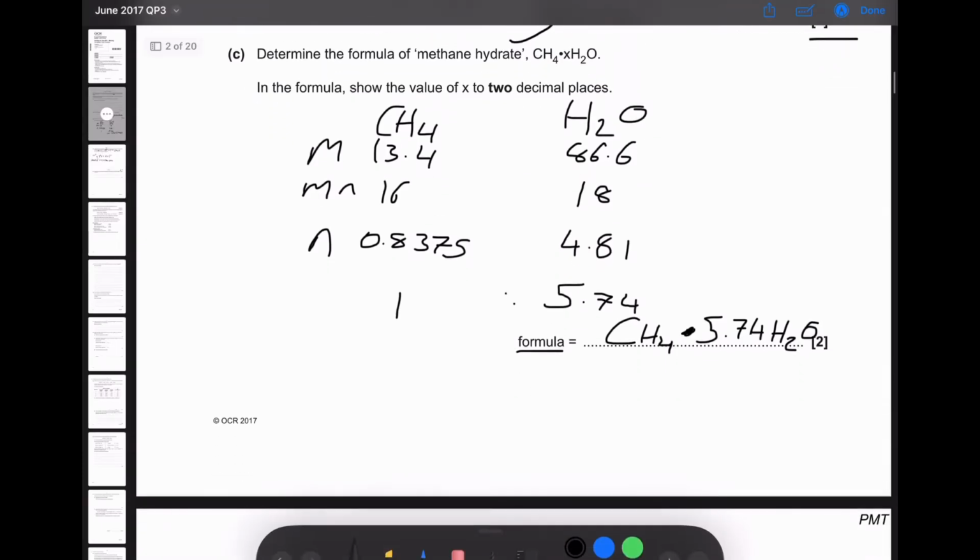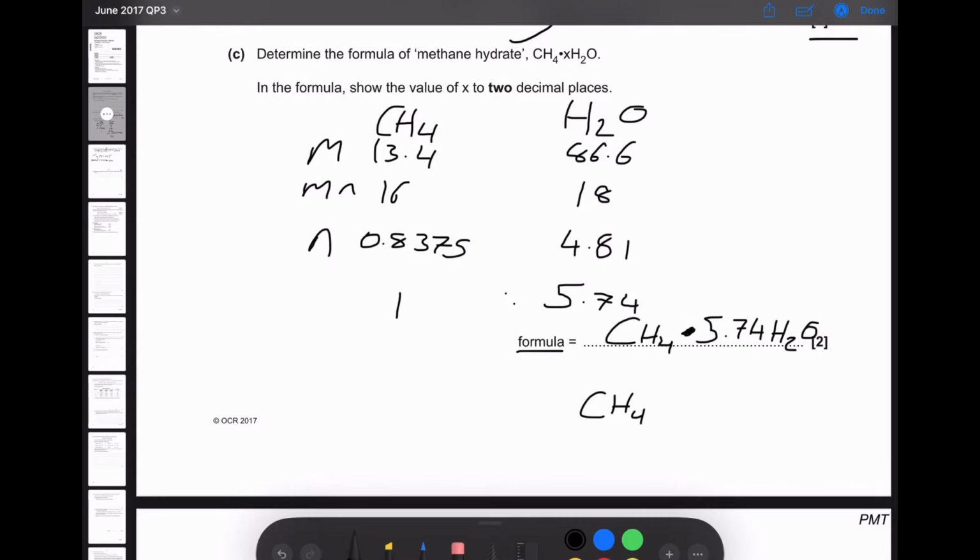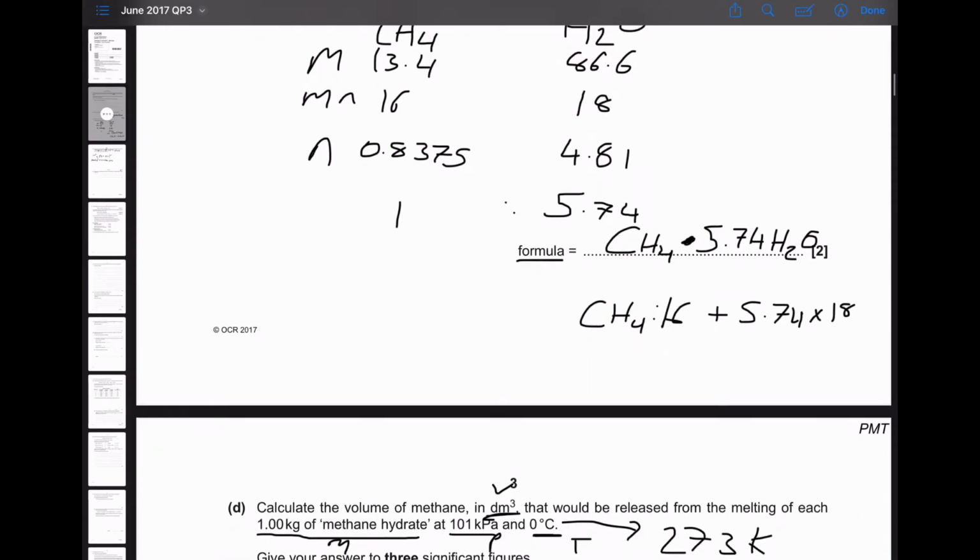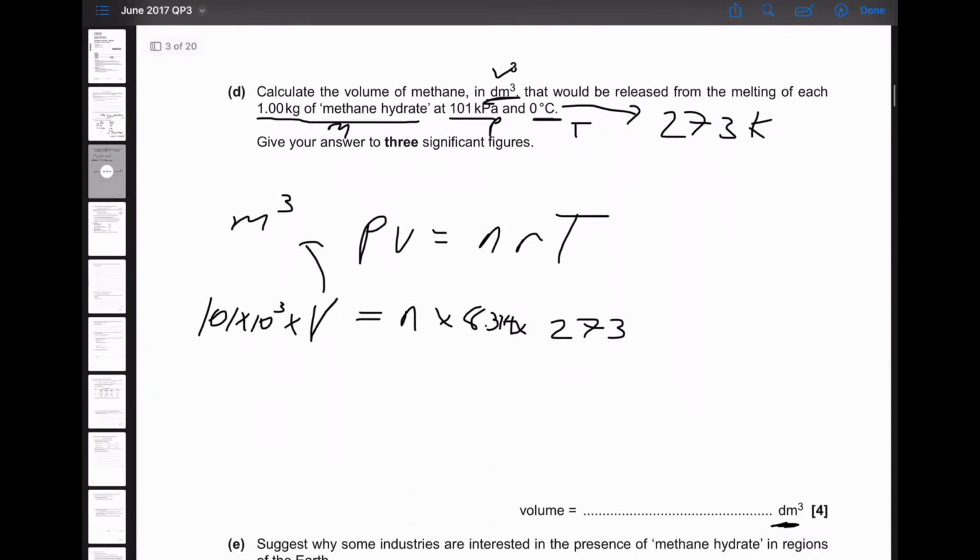So, what is the molecular mass of this molecule here? We already said CH4 is, I've forgotten, 16, there you go, 16 plus 5.74 times H2O, 18, which gives us 16 plus 5.74 times 18, 119.32.